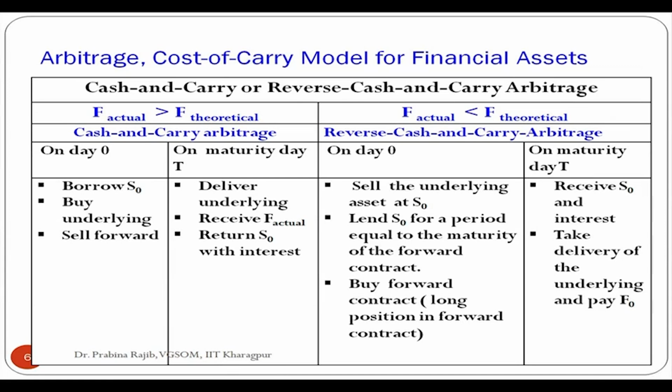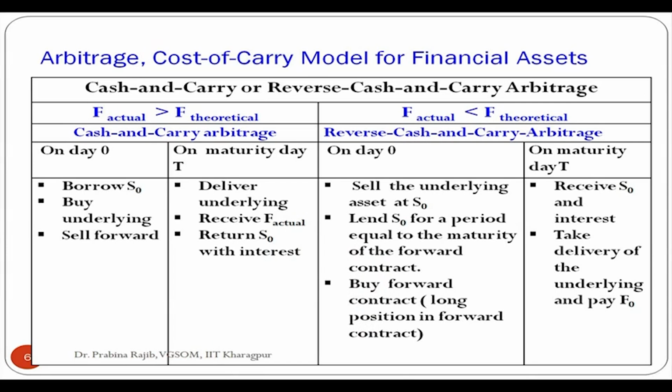Similarly, if the other way happens, that is F actual, the price prevailing in the market, is less than F theoretical, the price which we are calculating, we can undertake the reverse cash and carry. So what is a reverse cash and carry? We will be selling the underlying at S0 and we will be lending the sales proceeds of the spot price at a rate for a period equal to the maturity period of the forward contract, and simultaneously we will be entering into a long forward contract.